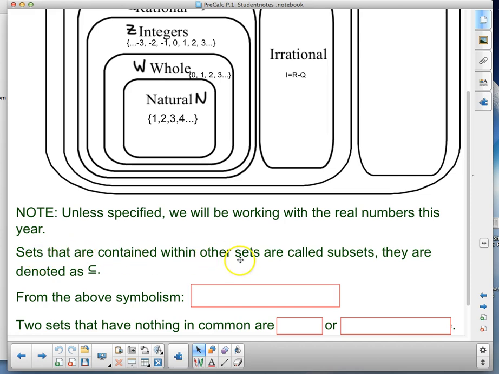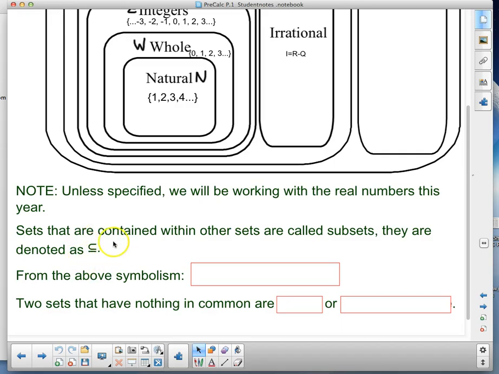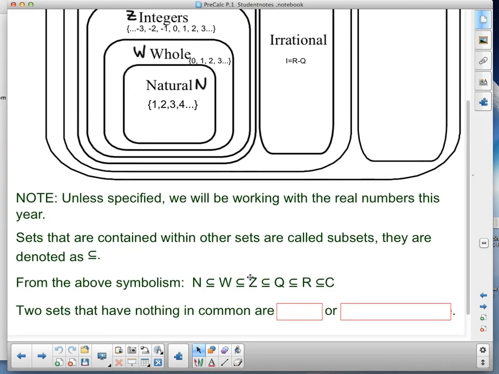Sets that are contained within other sets are called subsets. They are denoted with this notation. So from the above symbolism, we have the natural numbers, N, contained inside the whole number set, because the natural numbers are everything in the whole number set except for 0. But they're also contained inside Z, the integer set.